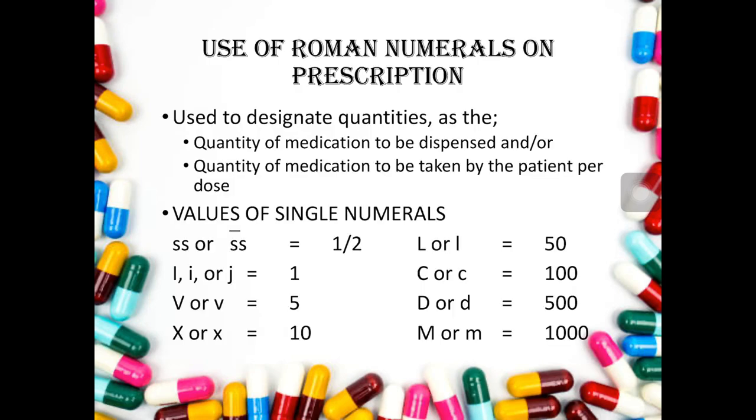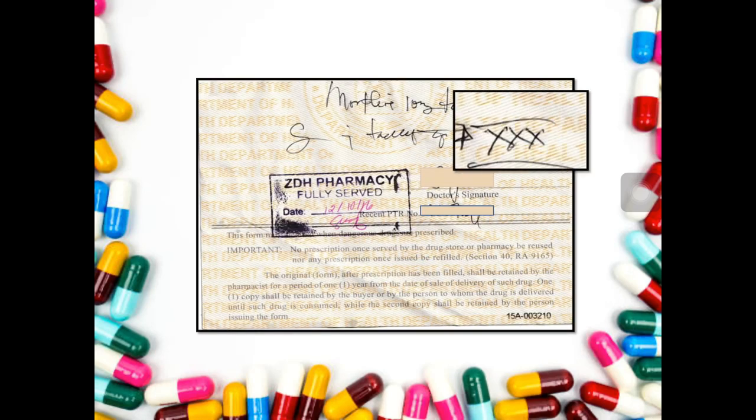Where's the letter X? How many per X? Okay, that's correct. 1 X corresponds to number 10. So in this case, since this is a triple X, what is it? Yes, this one is 30.